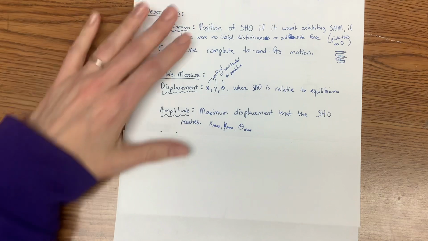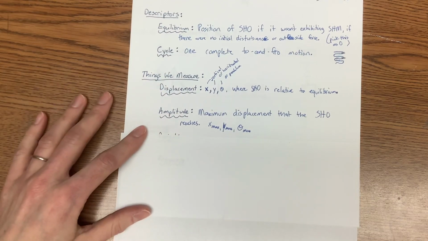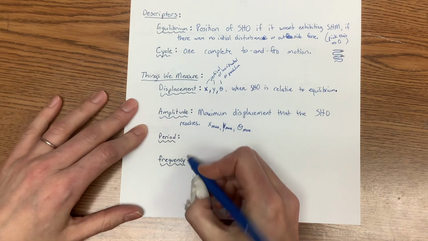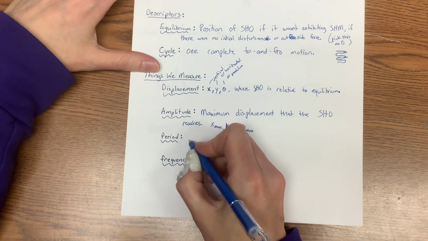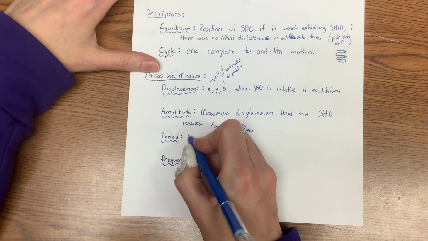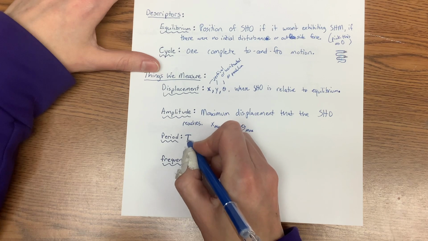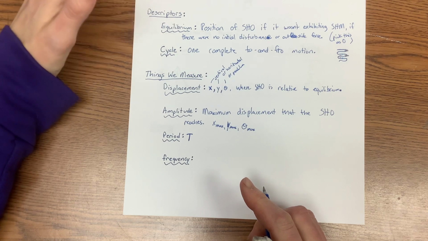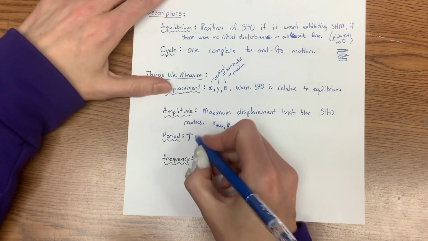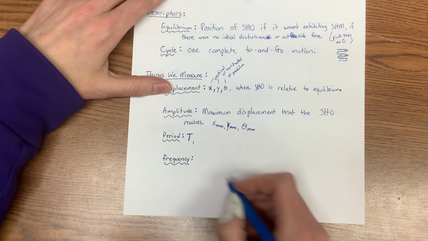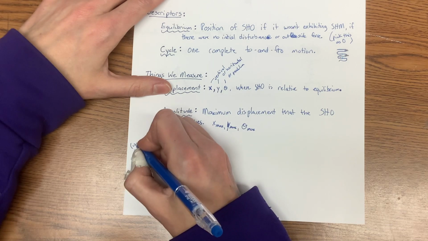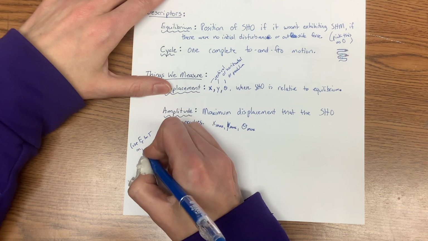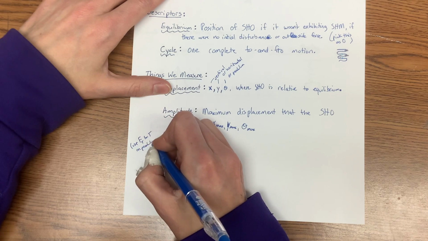The next thing that we could measure would be the period. I've also got frequency down there. That paper is getting in my way. So period is a capital T, which can be a little annoying when you're dealing with a pendulum because the tension in the string is also a capital T, but you can always use capital F for tension on the pendulum, just to make things a little bit easier.